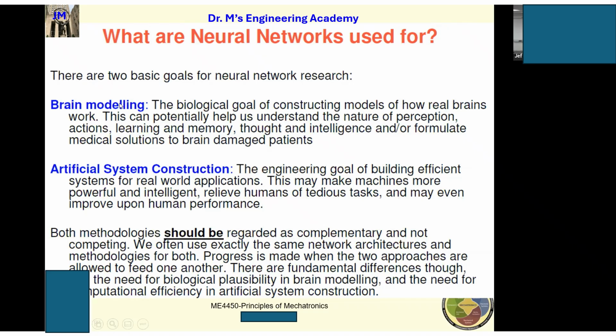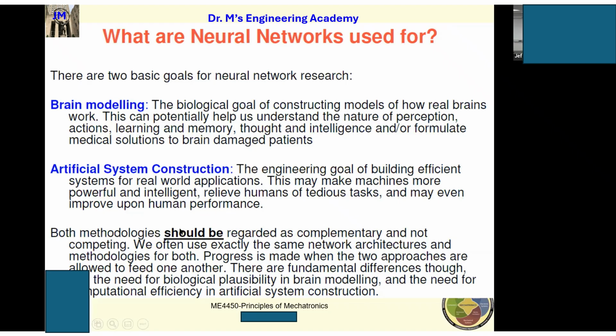So they can do some brain work. This is a biological framework for people. Then artificial system construction, the engineering goal of building efficient systems for real-world applications, and this may make machines more powerful and intelligent, and relieve humans of tedious work tasks and may even improve upon human performance.